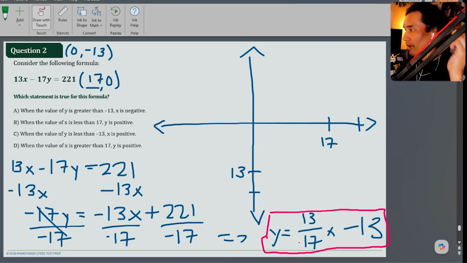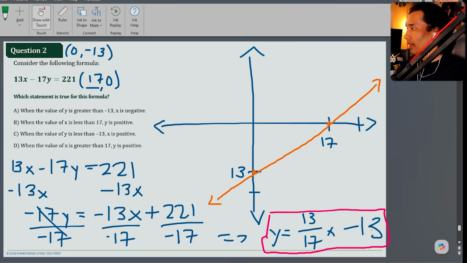This confirms my slope, which is positive. I don't need to know the exact slope for these kinds of questions. So I'm just going to put my point here, and I'm going to do my best to connect the dots. So perfect. I have a positive slope and I have my y-intercept at negative 13.